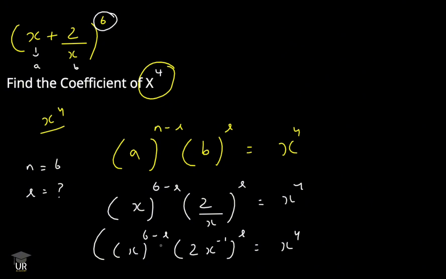So this will become x to the power 6 minus r multiplied by 2 x to the power minus r, because minus 1 is multiplied by r, is equal to x to the power 4. Right?